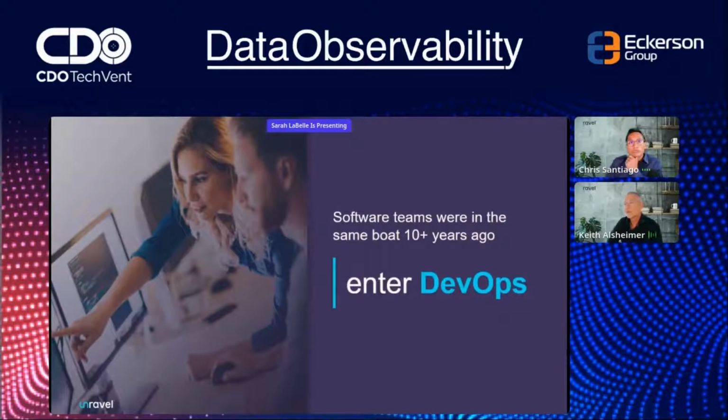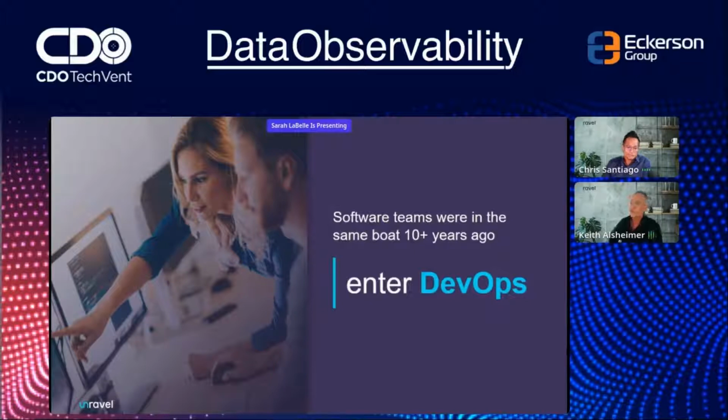So if you think about it, we mentioned every company became a software company 10 years ago, and software development teams had a lot of these same struggles, right? They were operating in silos. The waterfall software development process was too slow. And what they needed to do was implement a set of best practices and technologies that enabled them to run a DevOps methodology.